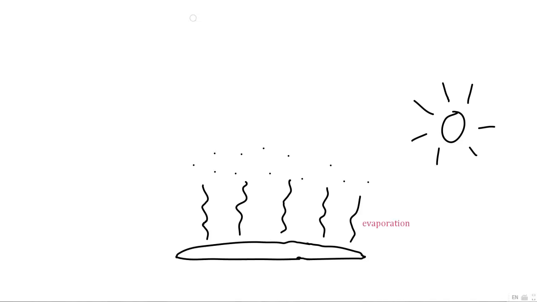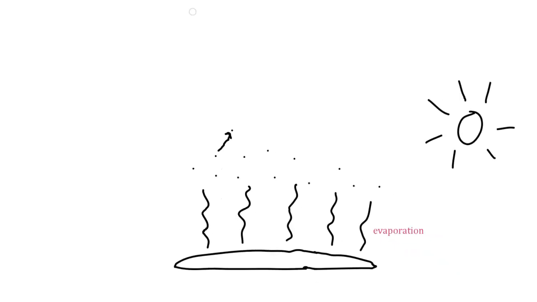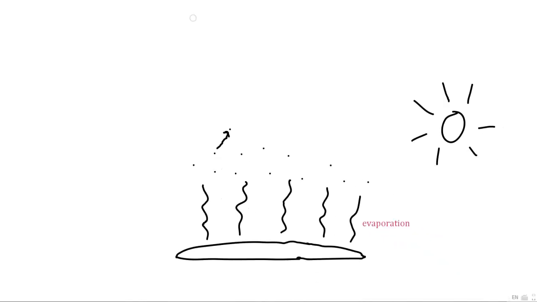Now, when those water vapor molecules move closer together, they're going to become visible. They're going to become bigger droplets. So this is called condensation.